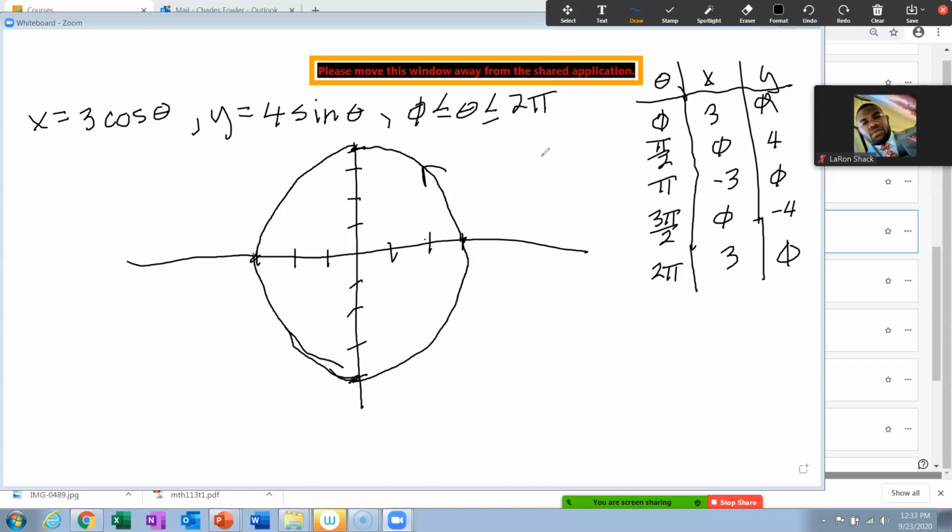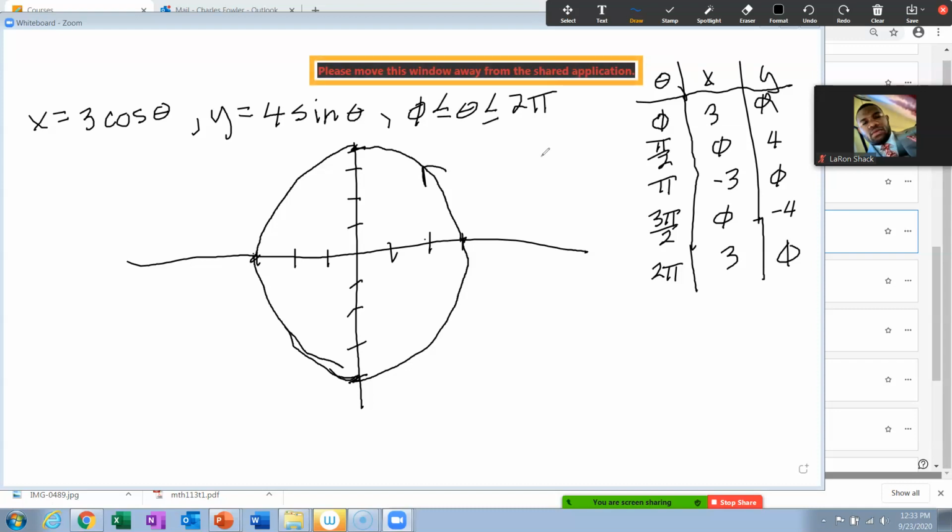I didn't read the whole problem. Sorry about that, folks. What I did, I said sketch the curve represented by x equal that, y equal that, and theta equal that, and I started sketching. What I didn't read, it says by eliminating the parameter and finding the corresponding rectangular equation. Whoops! I didn't do it that way. I sketched the curve just as given.